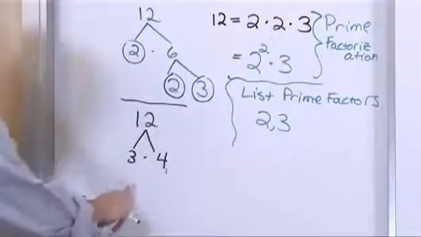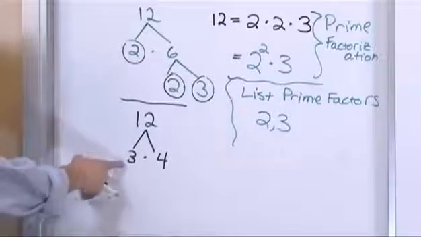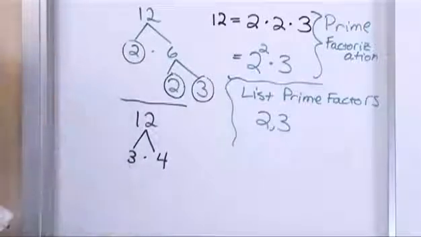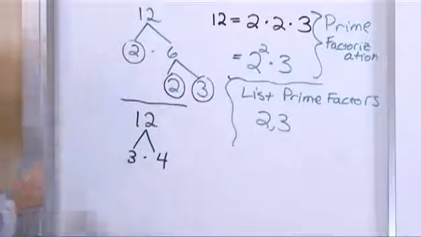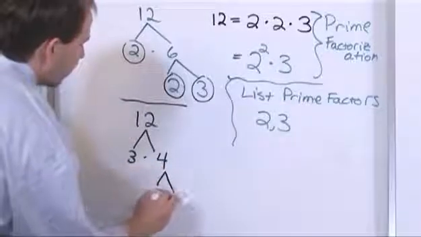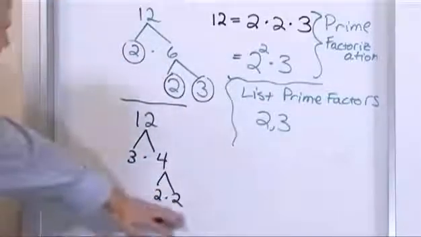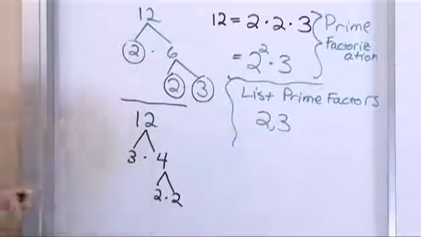I could branch this out, but all I would be doing is 1 times 3, and so I'm not going to do that. 3 is also a prime number already, so there's no reason to continue the factor tree down here. But 4 can be split up into 2 times 2, and 2 is also a prime number, so I stop the tree here. So again, I stop the tree here and I stop the tree here.